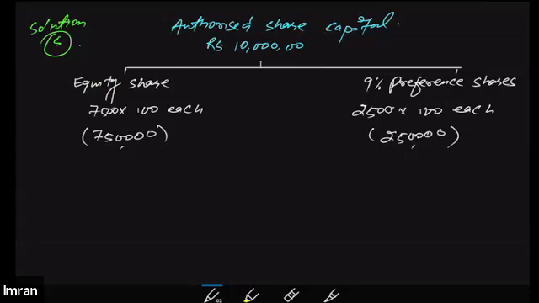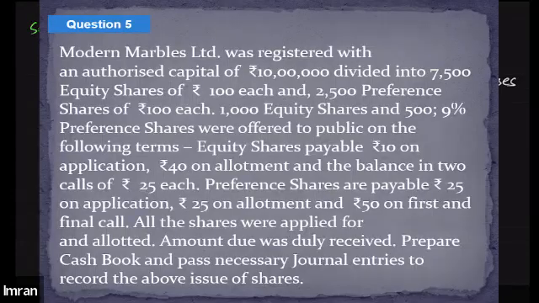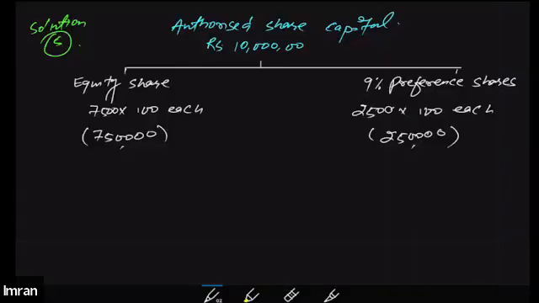All right. Now, question further tells us that 1,000 equity shares were issued and 500 preference shares were offered to public. So not the entire 7,500 shares has been issued to the public. Issued share capital is how much?